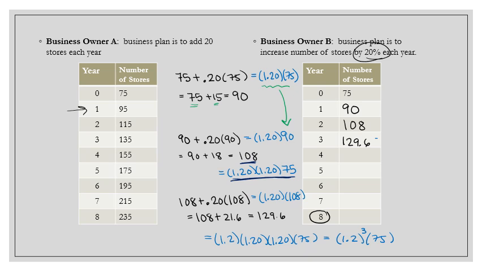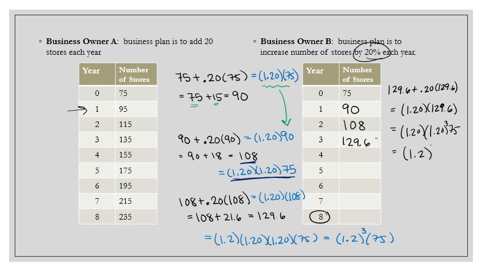Okay, so the next one, we would start with 129.6 and add 20% of that. Well, this is the same thing as 1.20 times 129.6, but that's the same thing as 1.20 cubed times 75.